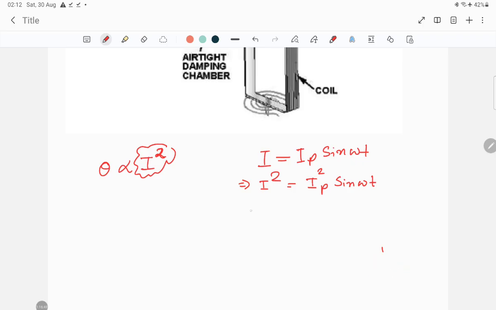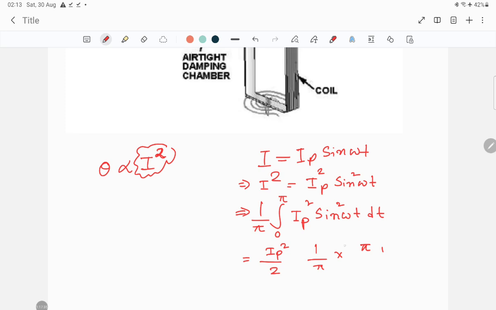If we integrate from 0 to pi, with the time frame also pi, Ip square sine square omega t dt, the ultimate value becomes Ip square by 2 into 1 by pi into pi.